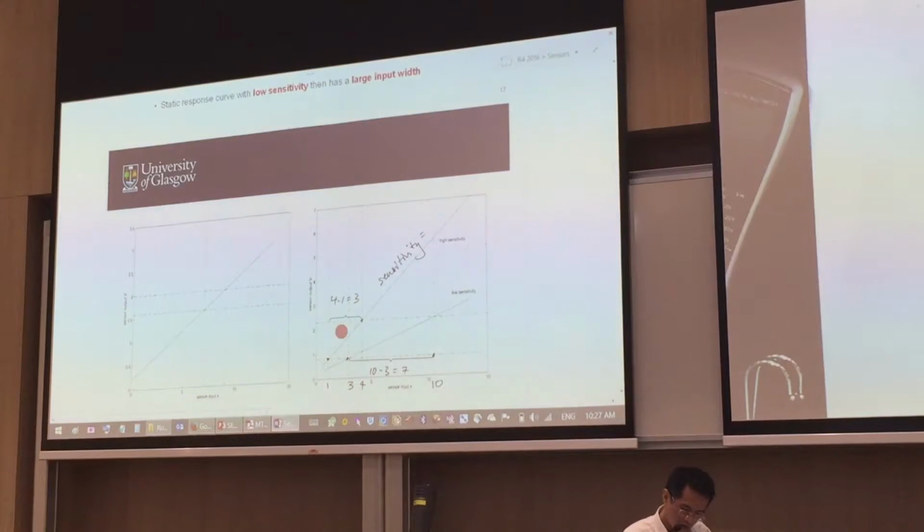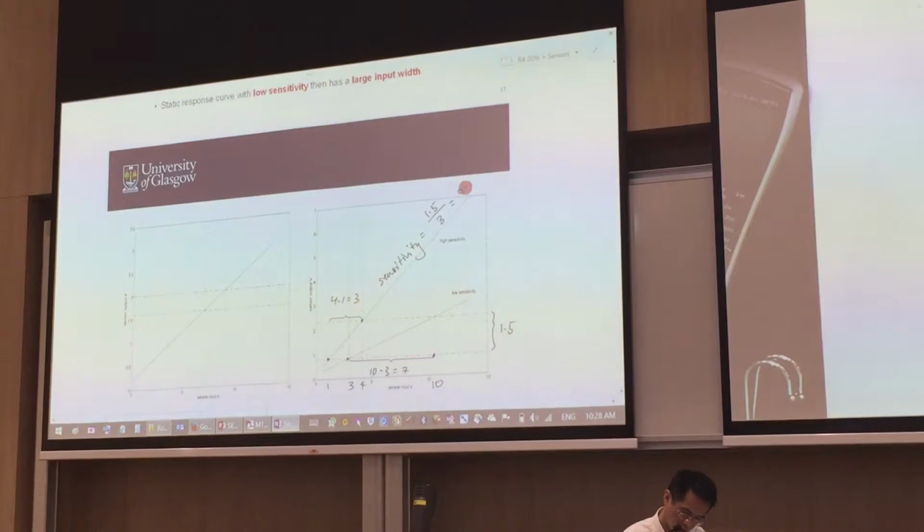So the output width, in my case here, would be about 1.5. It's close to 1, a little bit over 2, so the value over there is 1.5. So that's my output width, 1.5, divided by the input width, that will be 3.